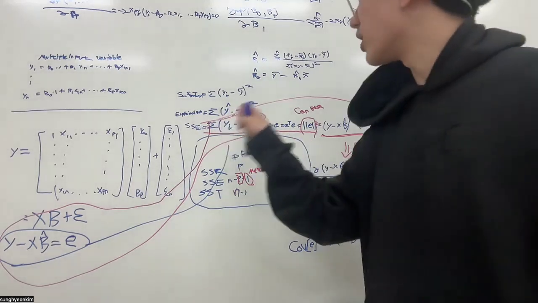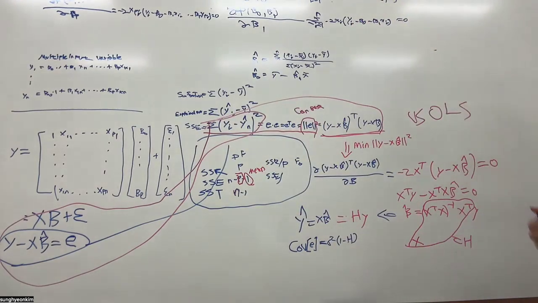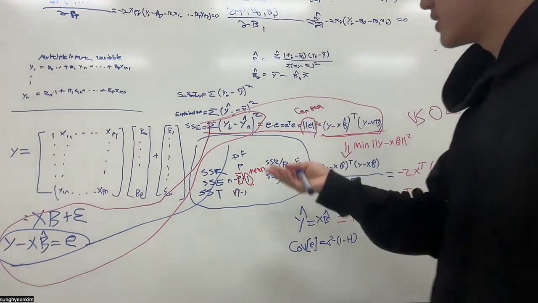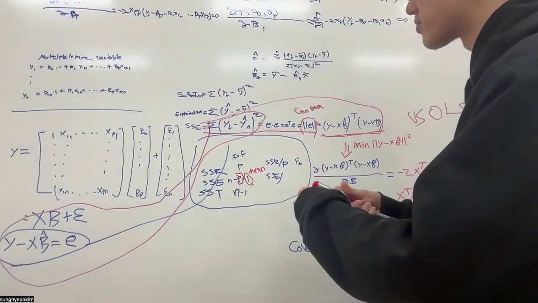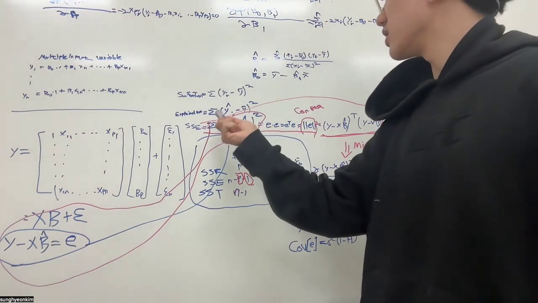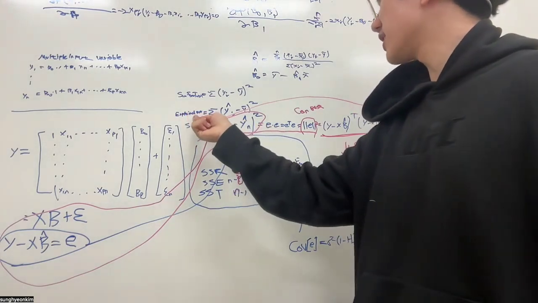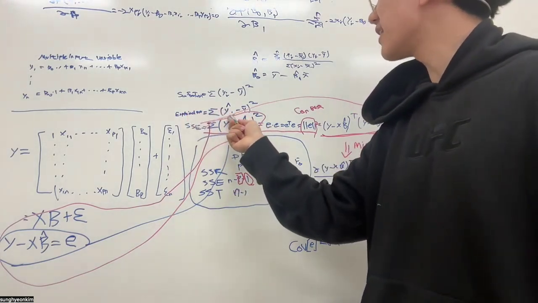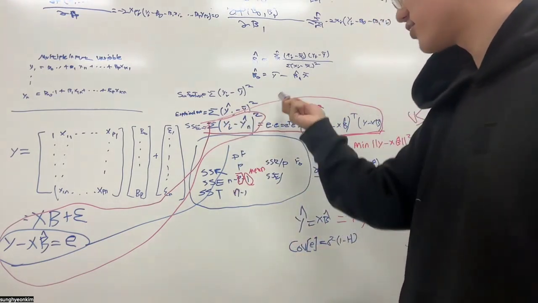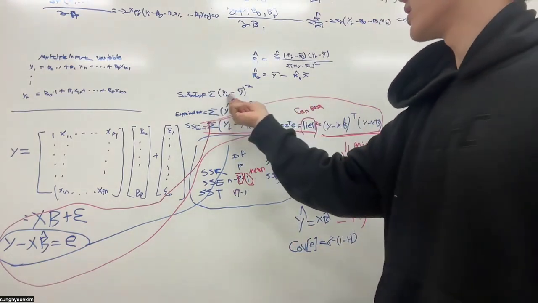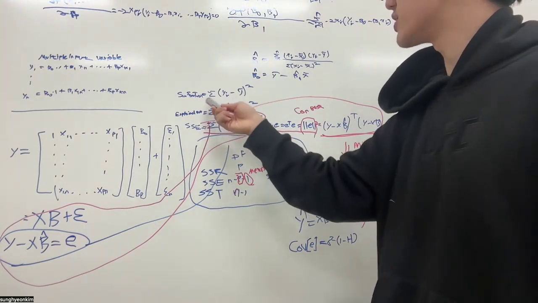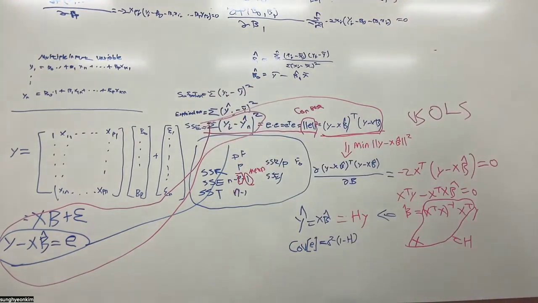This was the sum of y minus y hat i squared. And another thing is yi hat minus y bar squared, and if we sum these together, then we can find these values.